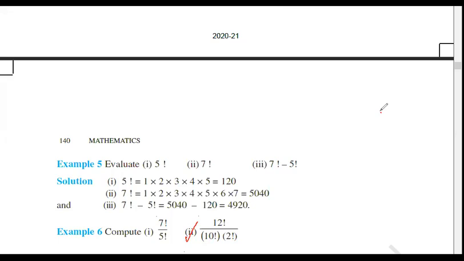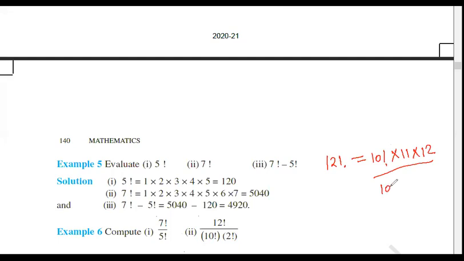Yes, very good. So what you did, 12 factorial can be written as 10 factorial into 11 into 12.